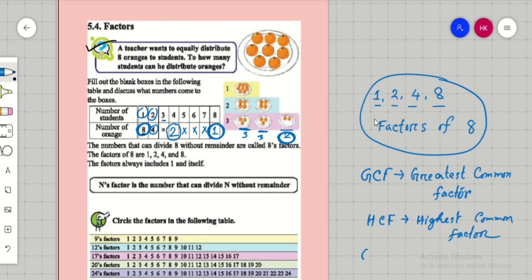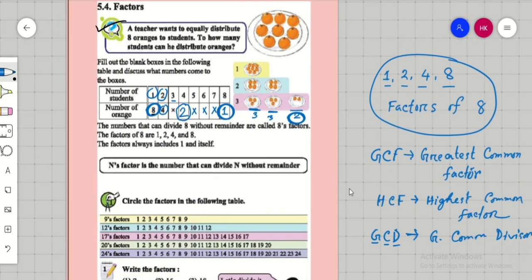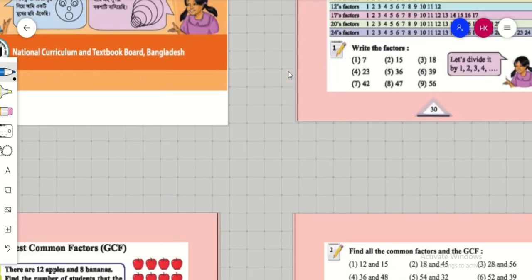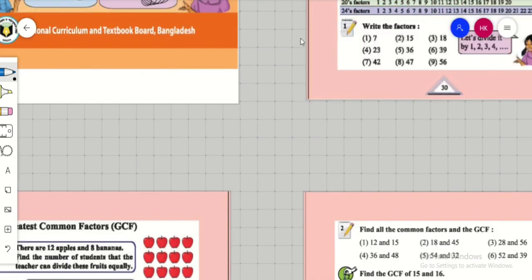Another name is GCD. GCD means greatest common divisor. This is another name. All have the same meaning. Now we see how to find GCF or HCF by Euclid's method.